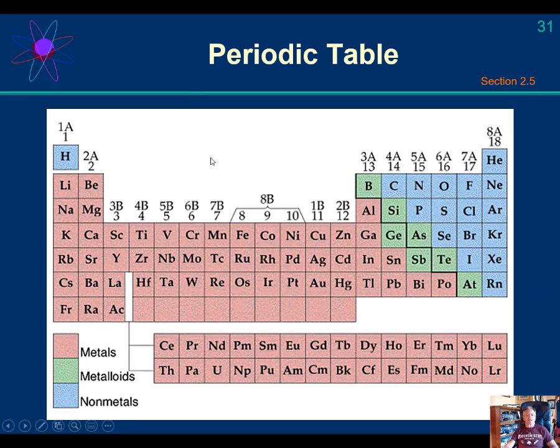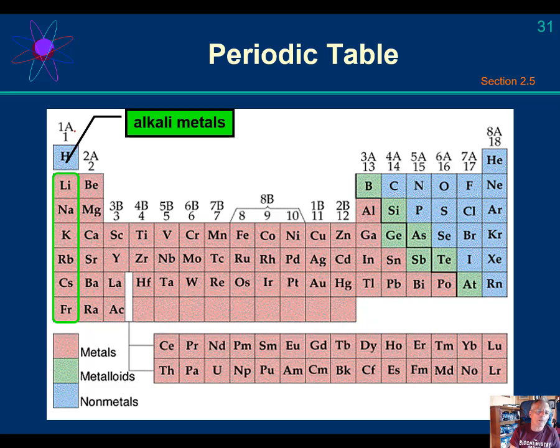All right. Let's look at some specific categories that you need to know. Over here, we have the group 1 elements, and that's excluding hydrogen. Hydrogen is a group 1 element, but it is not what we call an alkali metal. They start with lithium, goes down to francium.